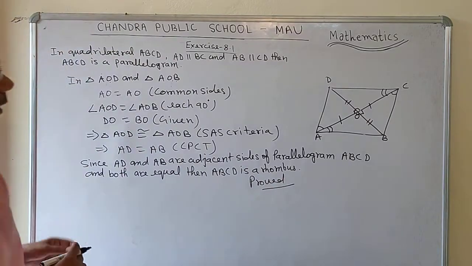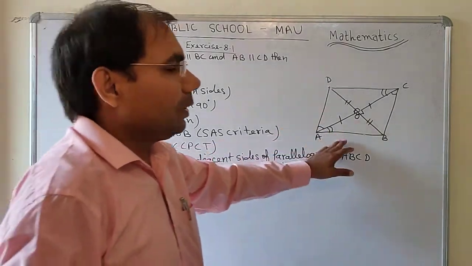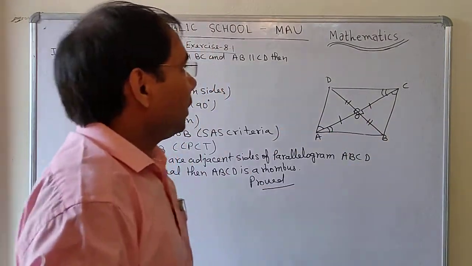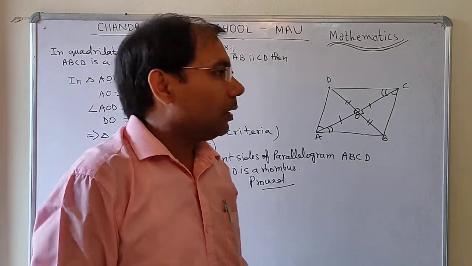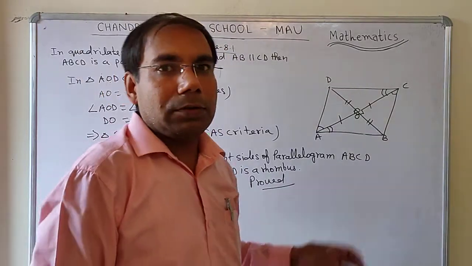So here I have proved that ABCD is a rhombus. So it is the complete proof of question number 3. So kindly complete the solution of question number 3 in your fair copy.